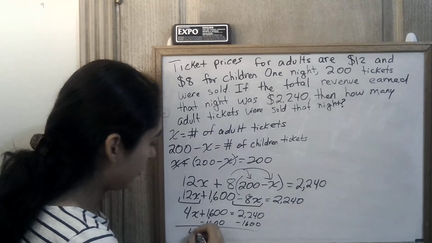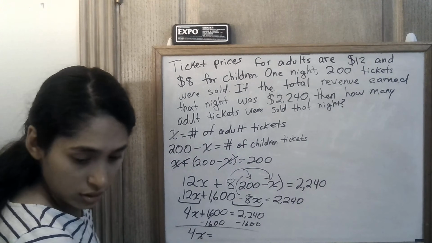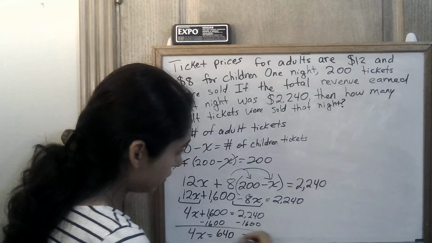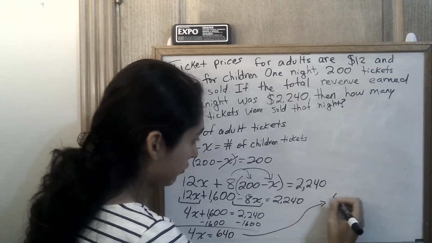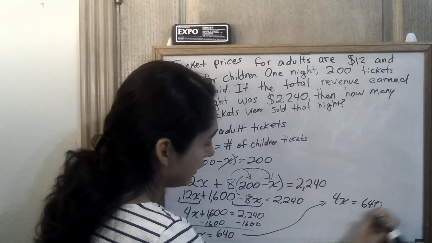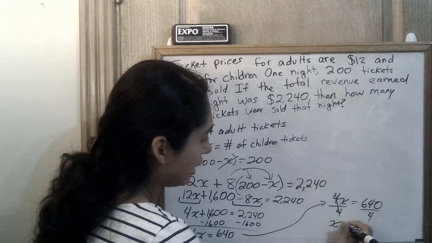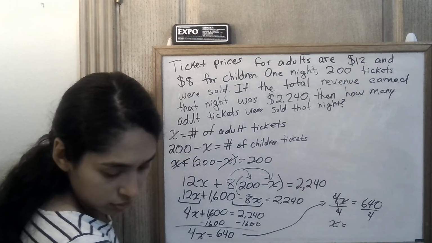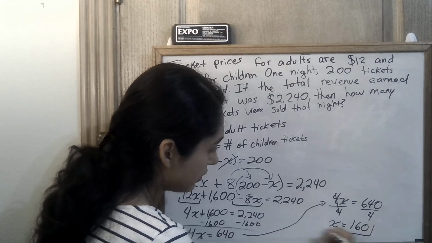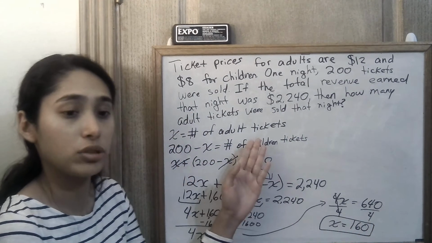I end up with 4x is equal to 640. Alright, I ran out of room here, so I'm just gonna write this over here. Divide by 4 on both sides. X is equal to 160. And that is my final answer because X is equal to the number of adult tickets. The question is asking for a number of adult tickets.